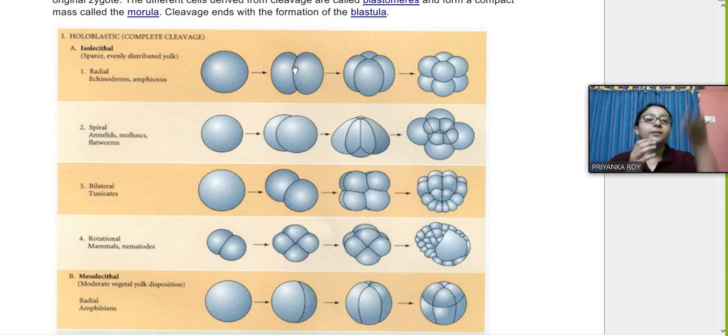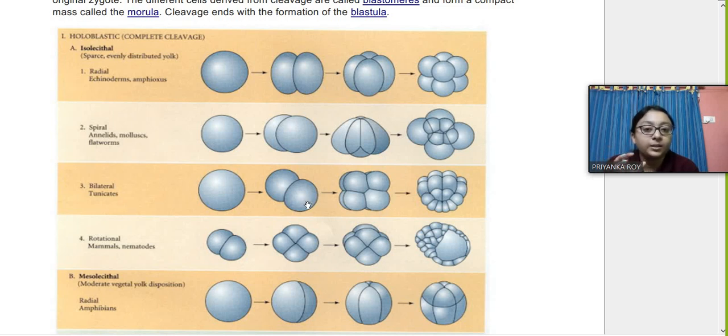But radial is when one plane will go just like here, and it will cut through the radius of the cells, and accordingly the cells will be formed like this. One plane will go from here, the other plane will cut from here, so one plane will be longitudinal, the other plane will be latitudinal, and just like that the cells will be formed. All cells will be equal.